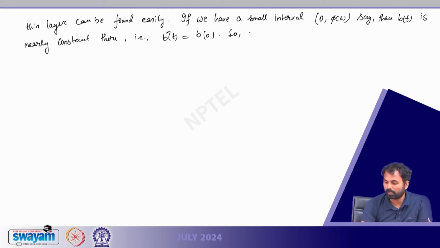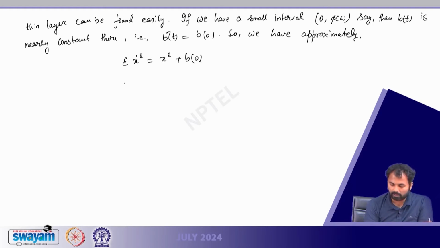So we have approximately epsilon times x epsilon dot equals minus x epsilon plus b0, and x epsilon at 0 equals x0.